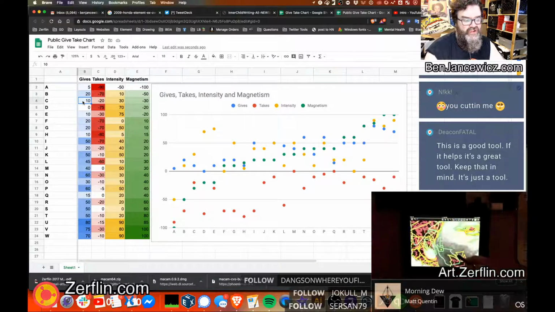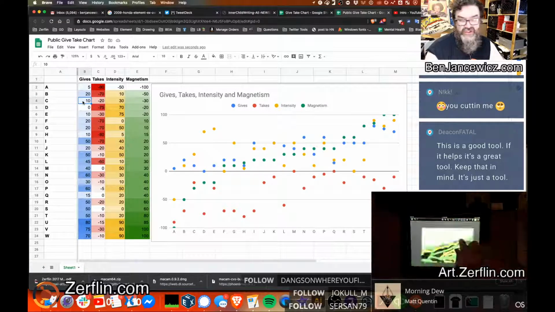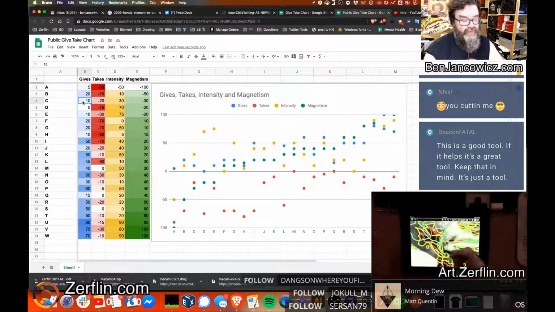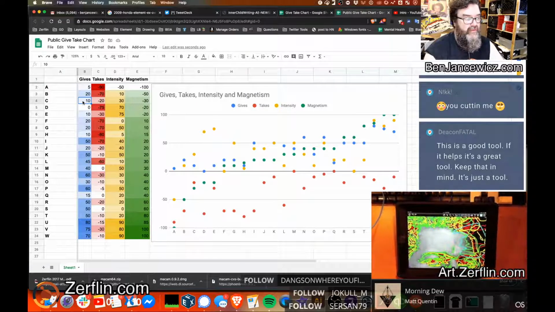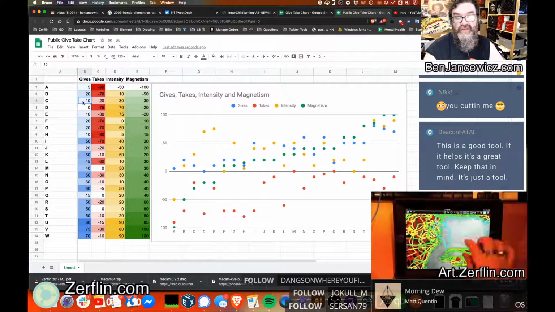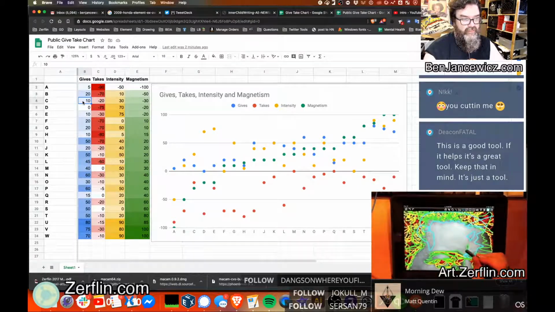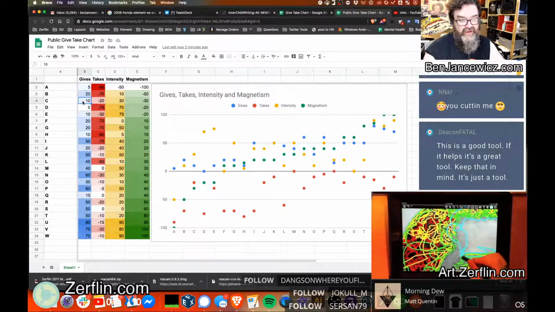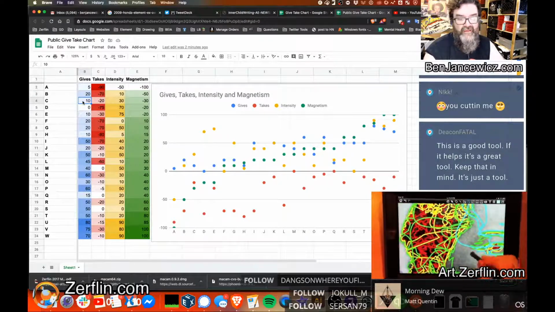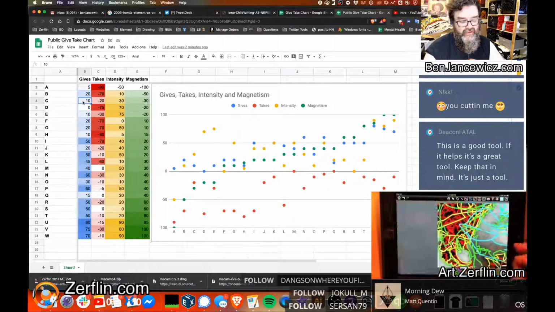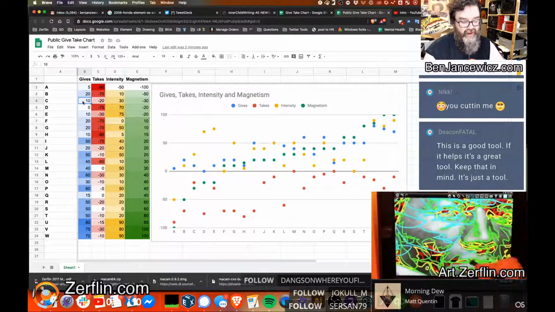Honestly, I wish I'd known about this chart and built this chart earlier in some of my romantic relationships because there were people I had crushes on, people I dated, people that I was seriously involved with that would just take things from me all the time and contribute very, very little. I've talked about this on Twitter.